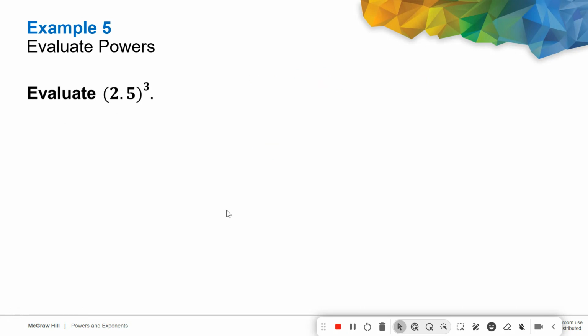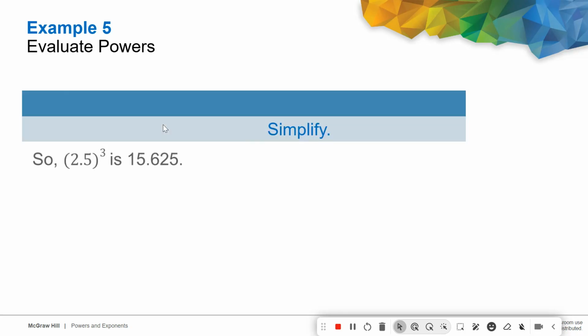And now we've got one last example, I think, example 5. So notice the difference here is we have decimals. You can do these exponents with decimals as well. So 2.5 to the third power. It all works the same way, including my slides being broken in the same way. What this should say is 2.5 times 2.5 times 2.5.